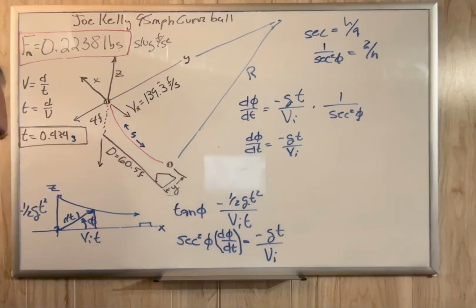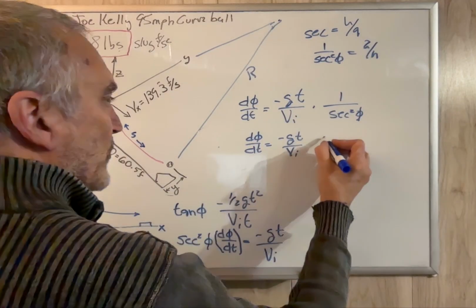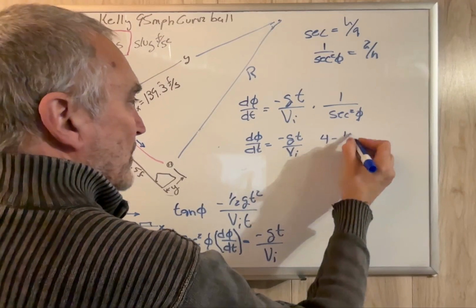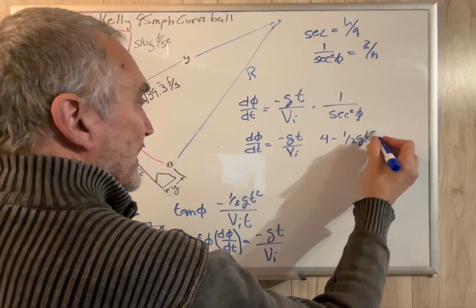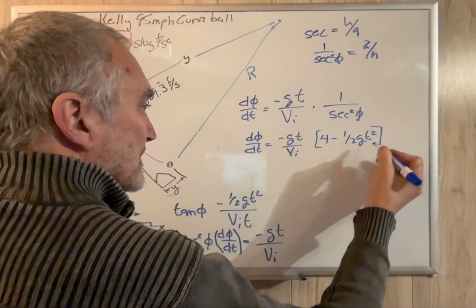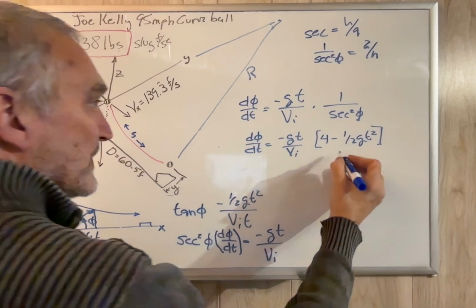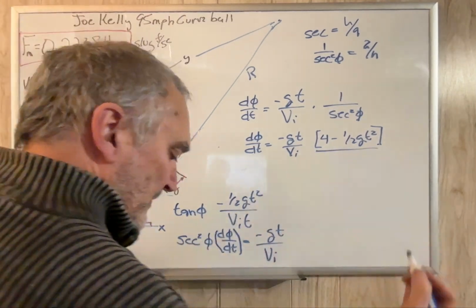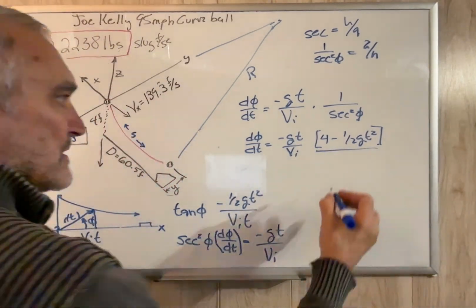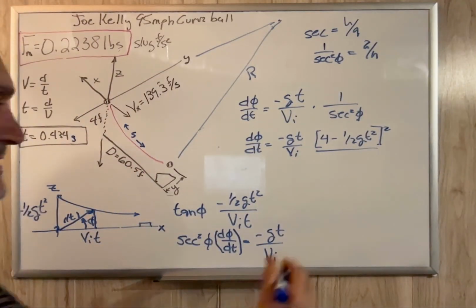Well, let's look at the adjacent over hypotenuse. The adjacent is this thing, which is what? 4 minus 1/2 gt squared, right? And that's going to be this thing. And then we're going to be dividing it by our velocity initial t. Sounds about right, but we have to square this thing, and then we'll be dividing it by our velocity initial t.